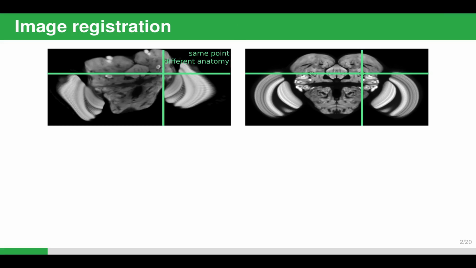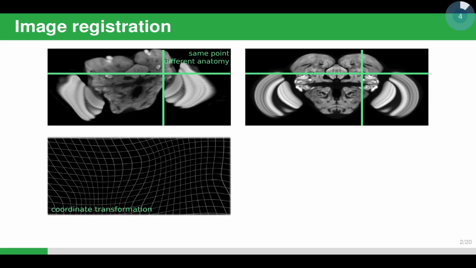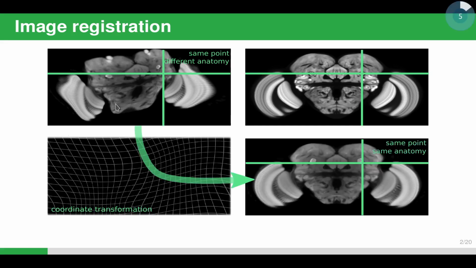To do a proper spatial comparison, we want the same point in the image to have the same anatomy. So this is what image registration does: it finds a transformation of the coordinates of one of the images, called the moving image, so that when you apply that transformation to the moving image, it is aligned with the fixed image, that is, the same point in the image corresponds to the same anatomy.